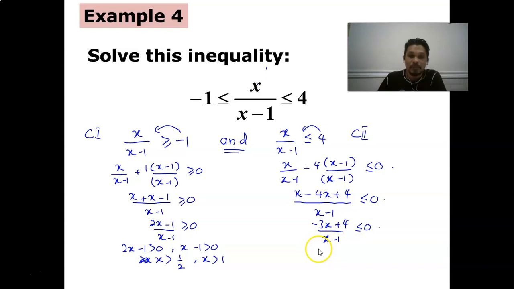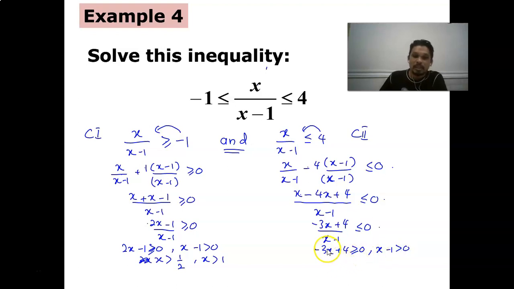For negative 3x plus 4, the first case is greater than or equal, so the numerator comes out with an equal sign, but not the denominator, since x minus 1 is greater than only. This one is less than or equal, so we assume these two positive: greater than or equal to 0, but not for x minus 1. X minus 1 greater than 0 only.